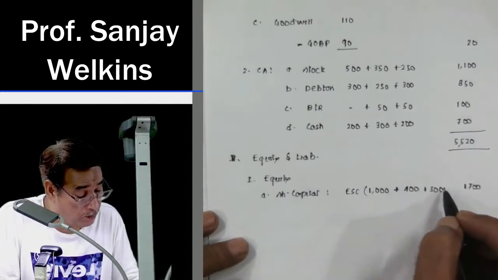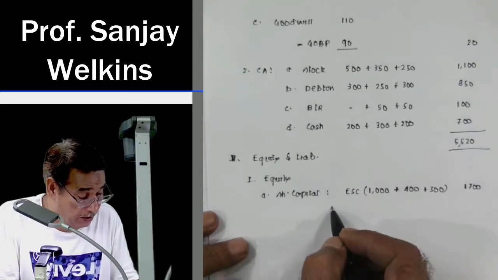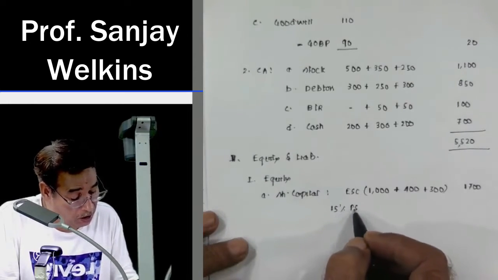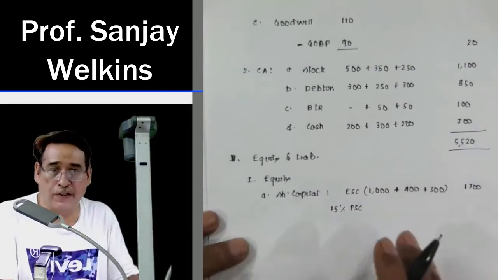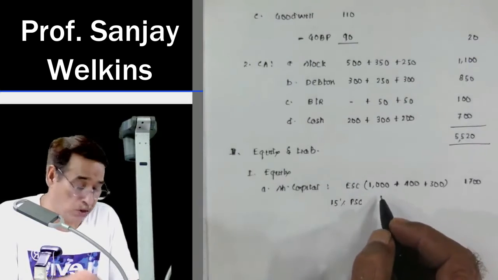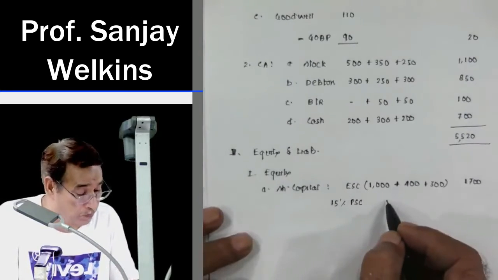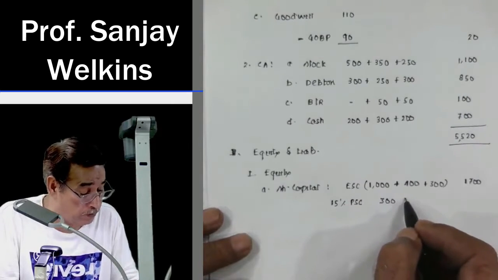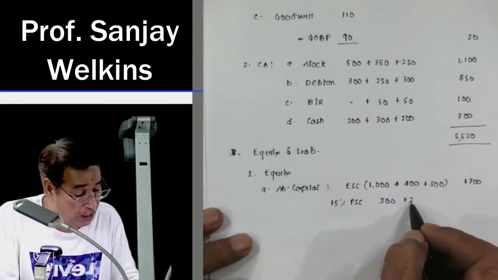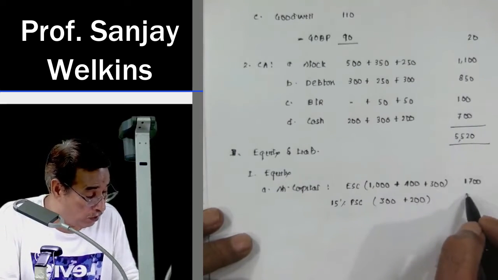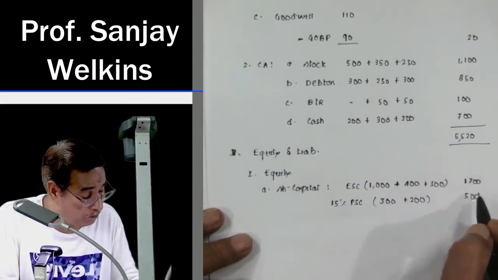Now, besides 15% preference share capital, in the original balance sheet, X Limited is not having any 15% preference share capital. However, in order to discharge the consideration, we issued 300 lakhs worth of preference share capital and 200 lakhs worth of preference share capital. So total will be equal to 500.